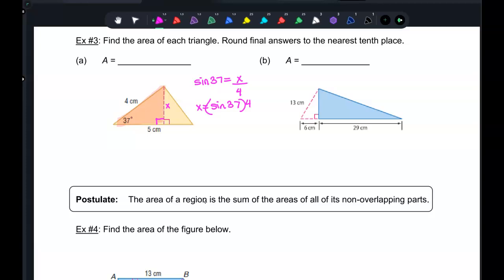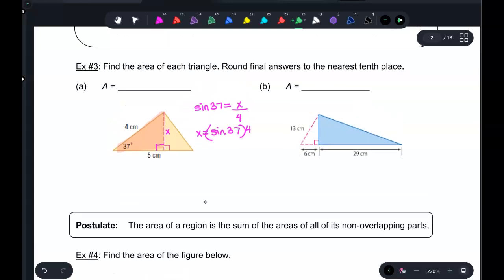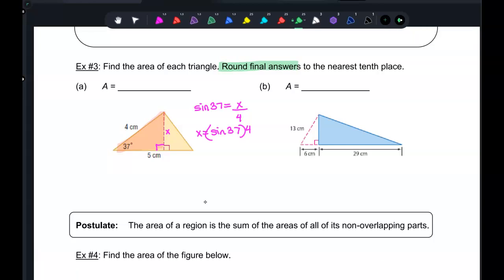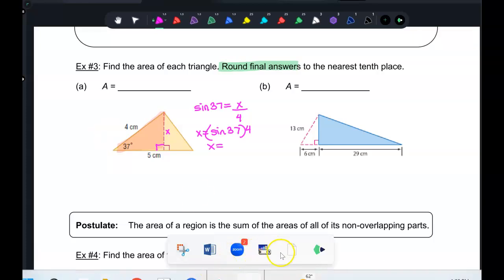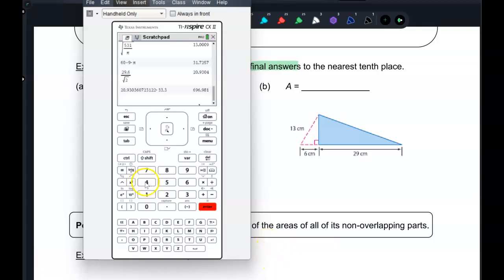Okay. Now, in my directions, it says round final answers to the nearest tenth. So what I'm going to do is, on the calculator, I'll show you.